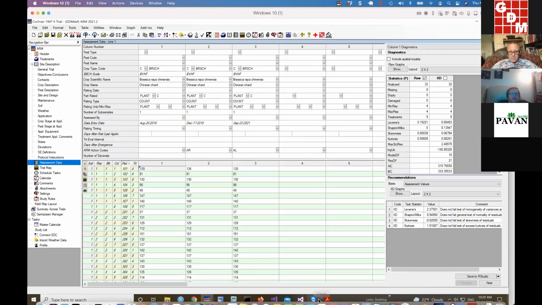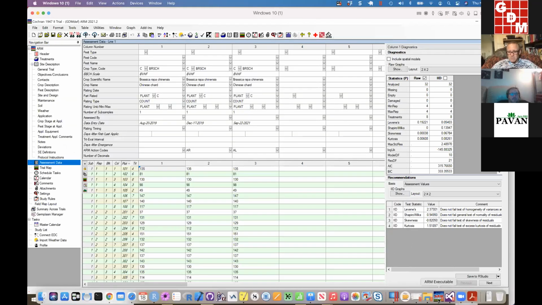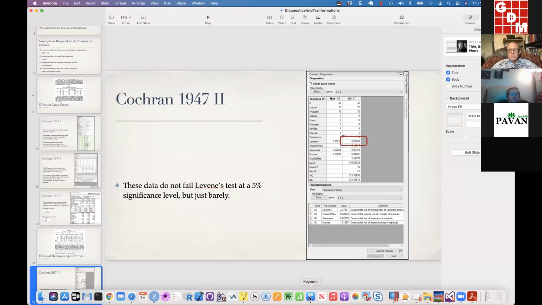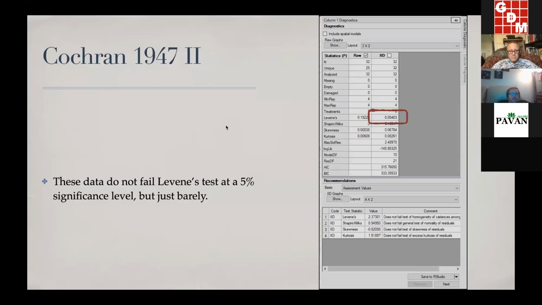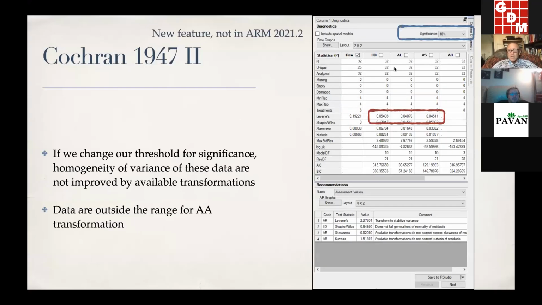Now let's go back to my presentation. There is a feature that I'm working on, and I don't know which release it's going to be in, whether we'll have it finished up for the December release, that lets us decrease the significance of our tests for heterogeneity and homogeneity.